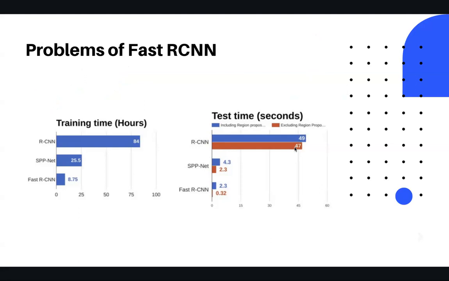But if we go down to fast RCNN, and we compare now, including selective search, it is 2.3 seconds. Without selective search, it is only 0.30 seconds. What is the biggest time-consuming operation of fast RCNN then, in your perspective?